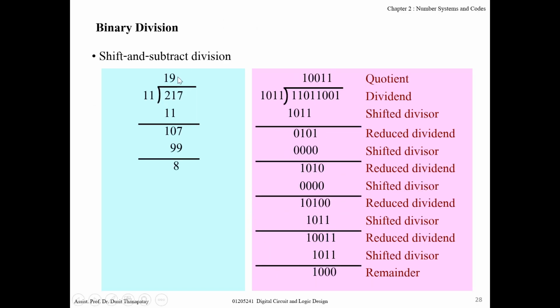And for division, you can also do the same process as in the decimal number system. For example, in the decimal number system, you want to divide 217 by 11. You find a number that multiplied by 11 is near to 21, right?